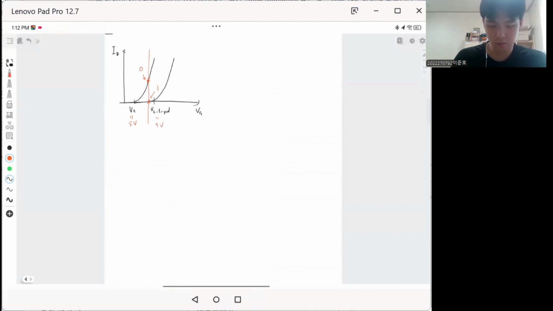So how do we store the bits? At the middle point, 6 volts, we sense the current. If the current is high, the floating gate doesn't have electrons, so we know it is 0.